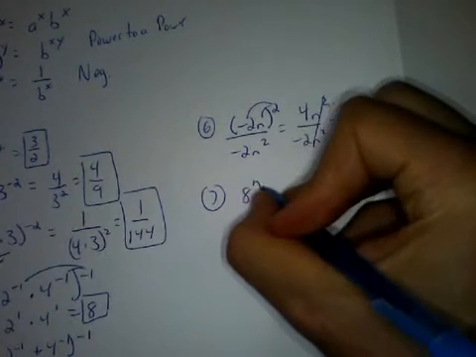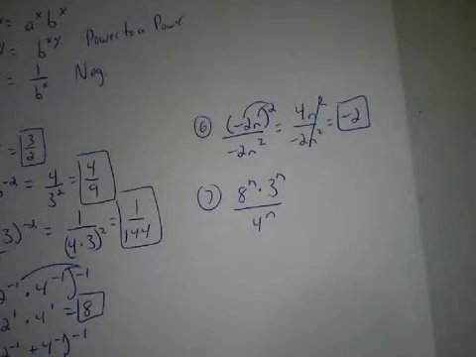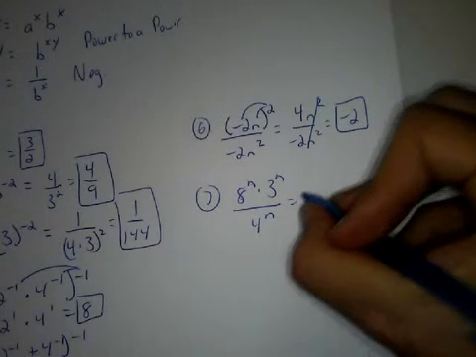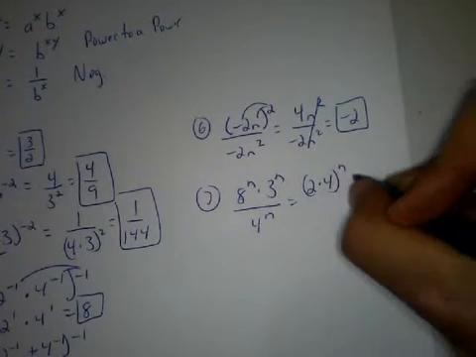Let's do 8 to the n power times 3 to the n power over 4 to the n. We are not using a calculator. Therefore, we have to find a way of rewriting this. 8 to the n is nothing more than 2 times 4 to the nth power.